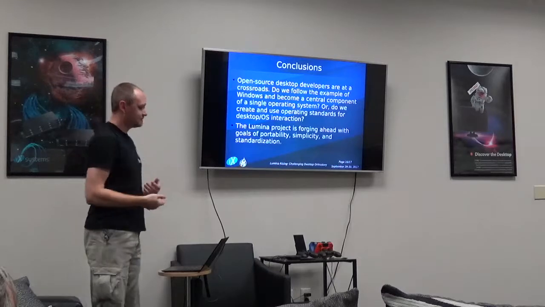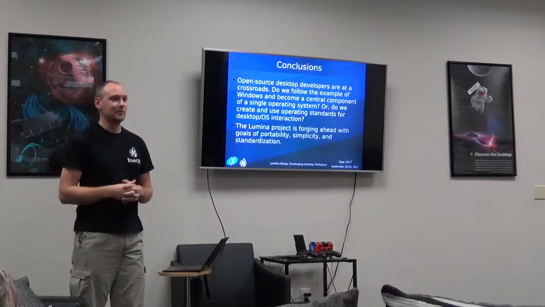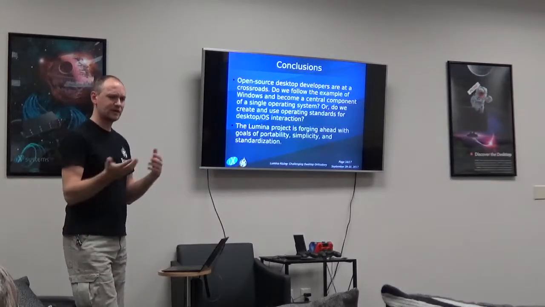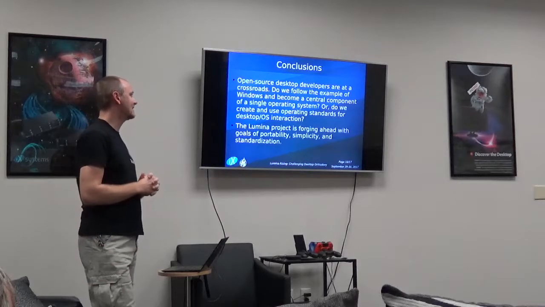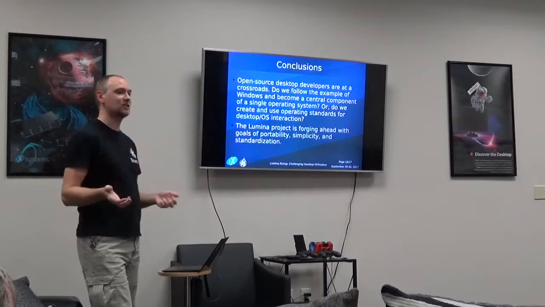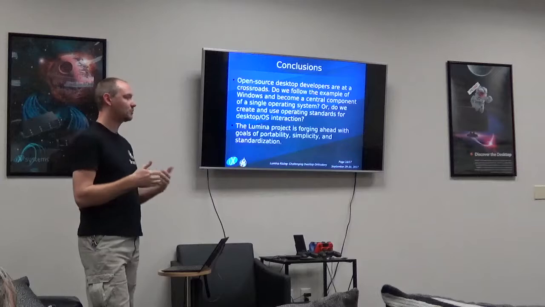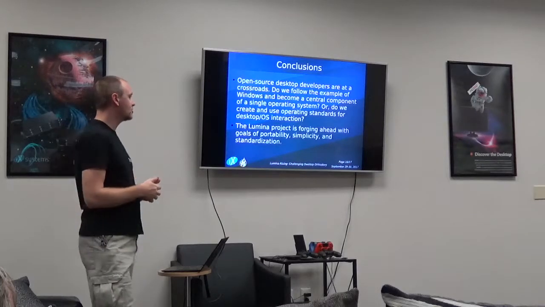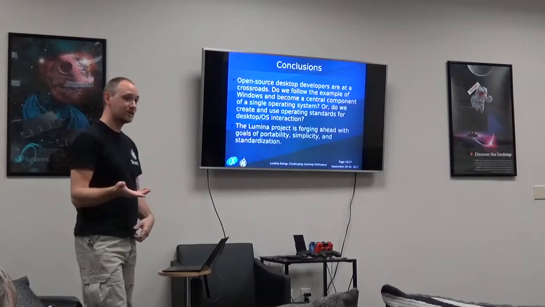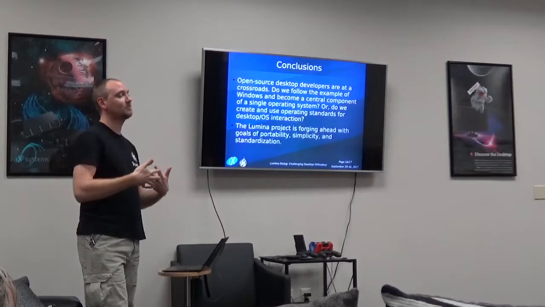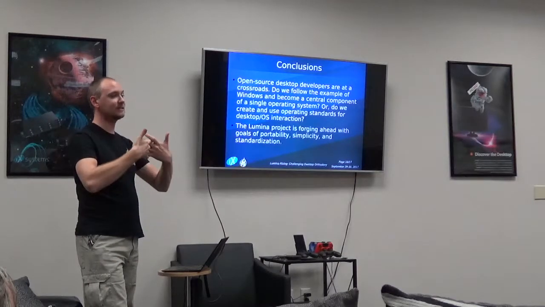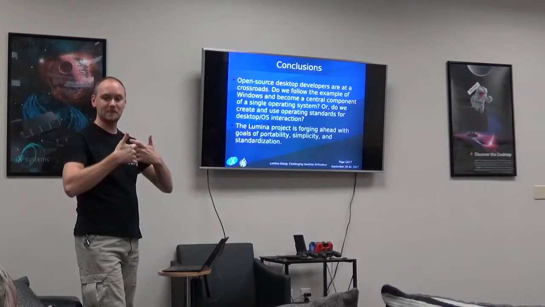So this is kind of my summary of the whole thing with regards to desktops, the way Lumina's going, the way other desktops are going, is that I really see that desktop developers in open source communities really are kind of approaching a crossroads. Do we continue to follow the example of Windows, where the desktop and the operating system are almost completely entangled? You can't really separate them from each other.